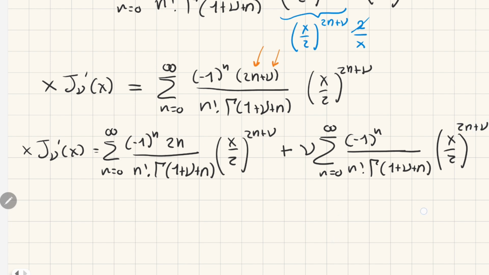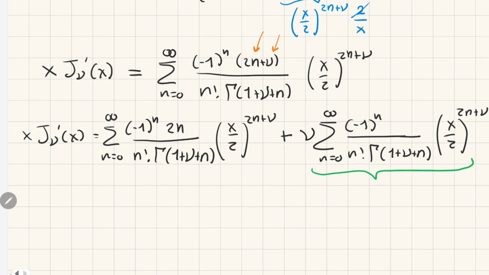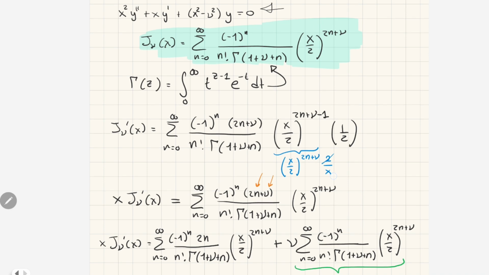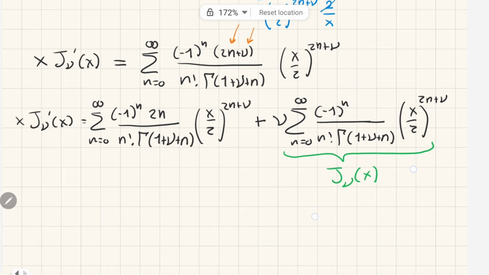And as you can easily identify, this expression that we have here is just J sub nu of x, right? According to the definition that we gave here.